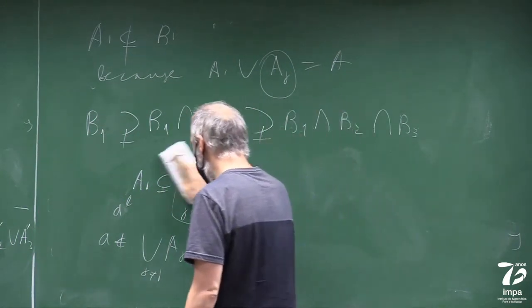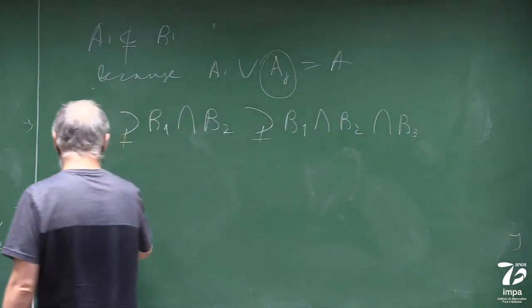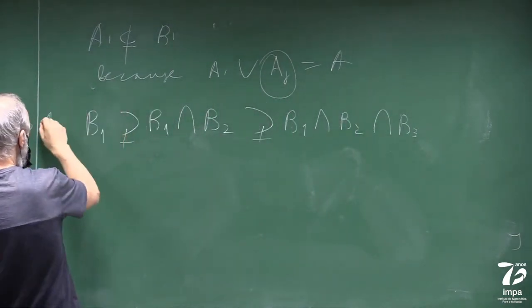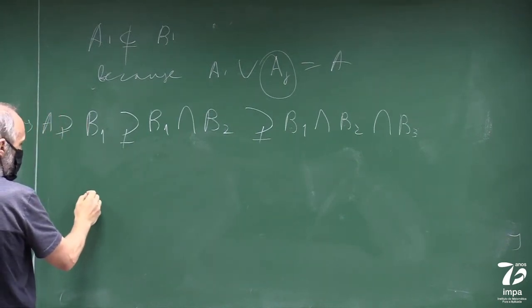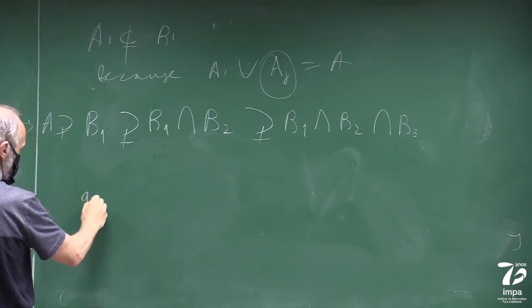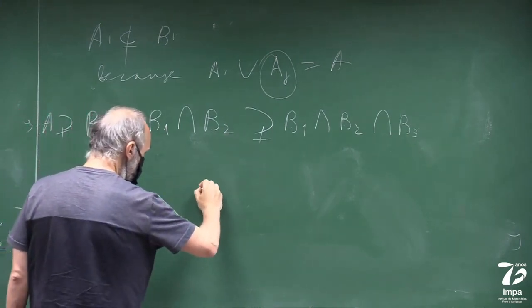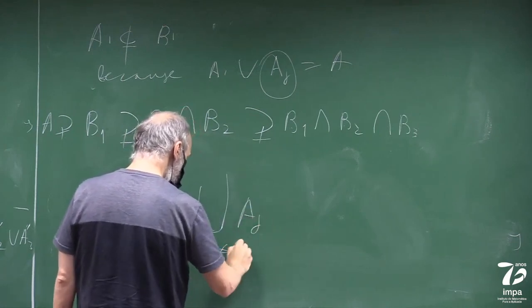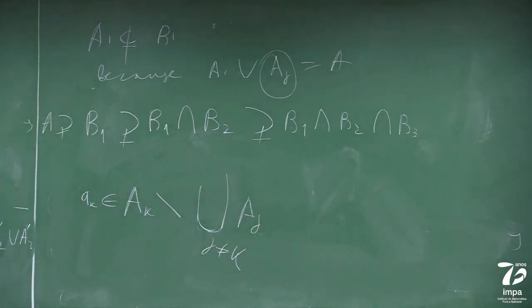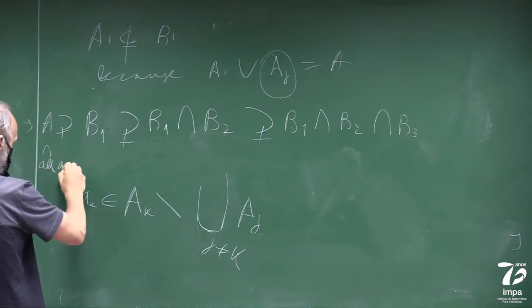So now we want to look at this chain. So this is A, contained there. So choose a point a small k, which belongs to Ak without the rest. So this contains all Ak.